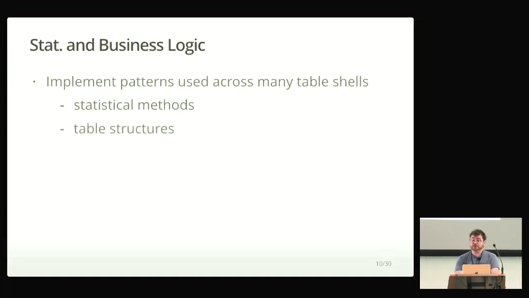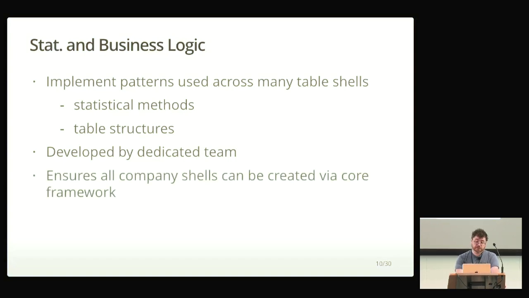And it's also going to include various sort of specific table structures. And this is often going to be developed by a dedicated team that's different from the individuals that are on individual trial teams. And the purpose of this is to ensure that all sort of standard company shells can be created when you combine this with whatever core framework you're using.